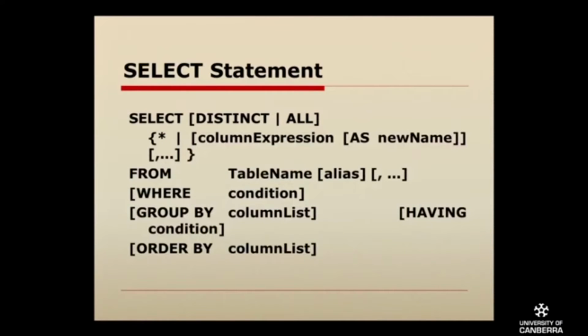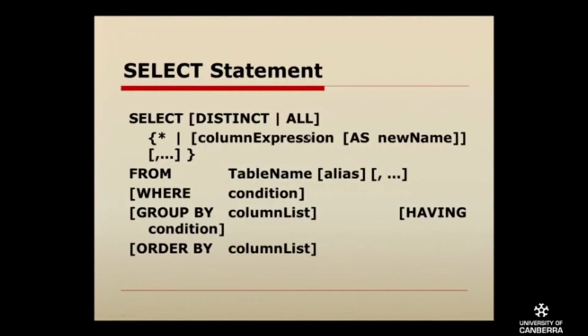What you learned last week is that every query to retrieve data starts with a select, followed by a from. After select you can have an asterisk, which means everything, or you could list the name of every column that you want to be displayed.